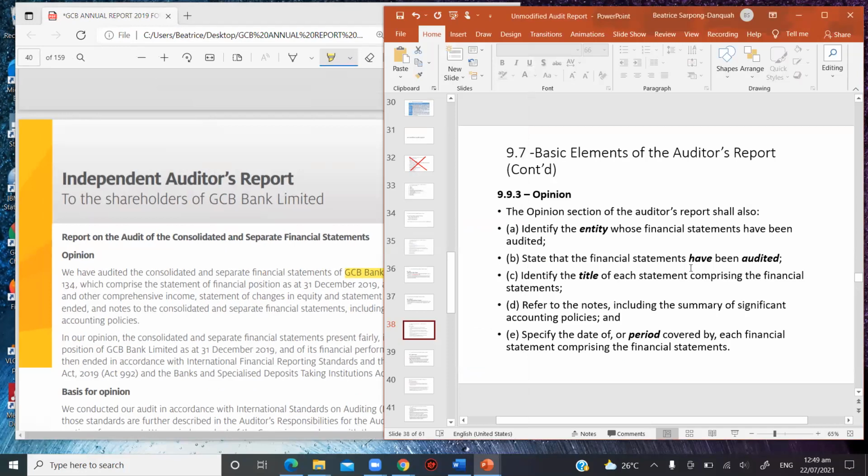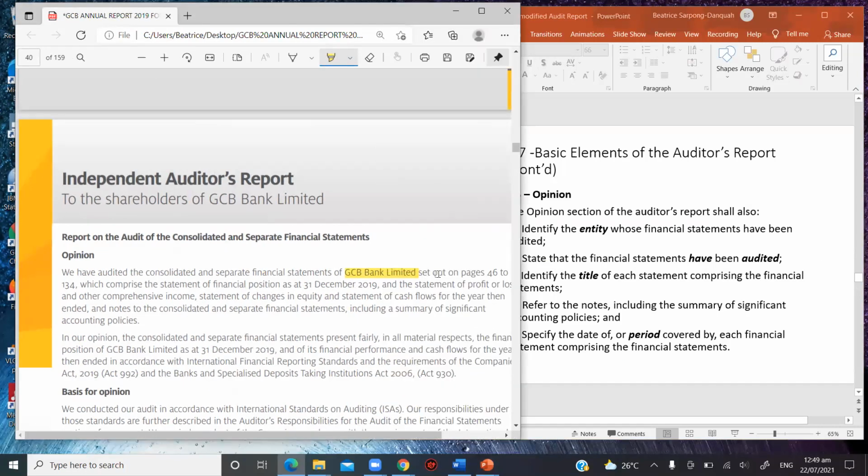And then they also state the financial statements that have been audited.